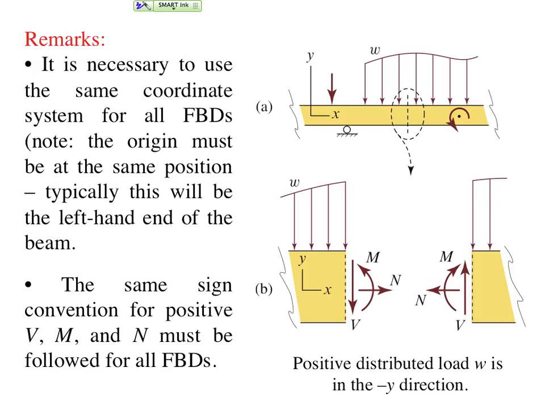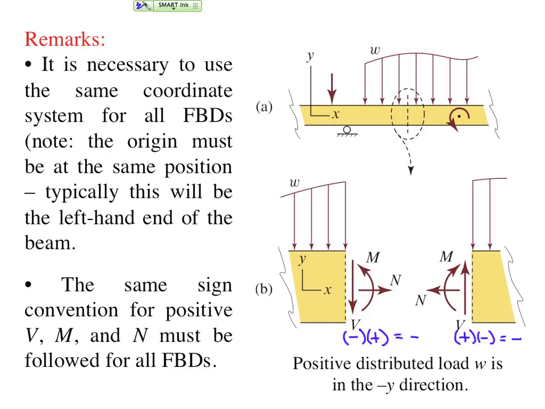That is, the left figure in B shows V in the negative y direction on a positive face, and the right figure in B shows V in the positive y direction on a negative face. We said we would ordinarily think about such a force as negative.